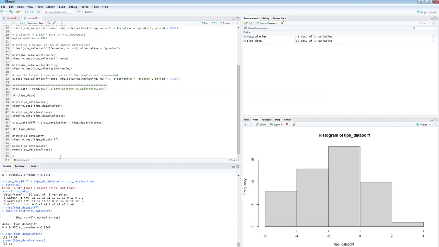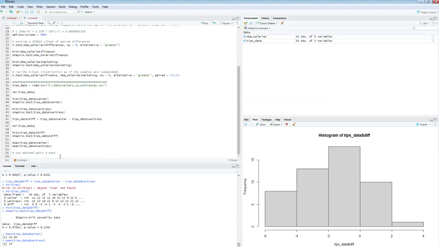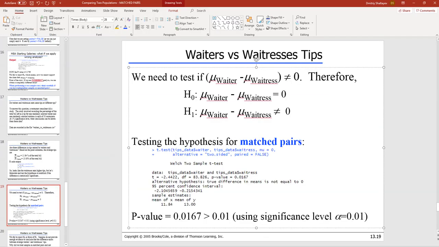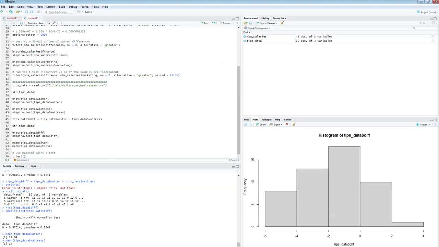and again, use the matched pairs t-test. Okay, so here's what I'm testing. The first one, let's see, how did I formulate the hypothesis? First one is waiter, second one is waitress. Alright, let's do that.